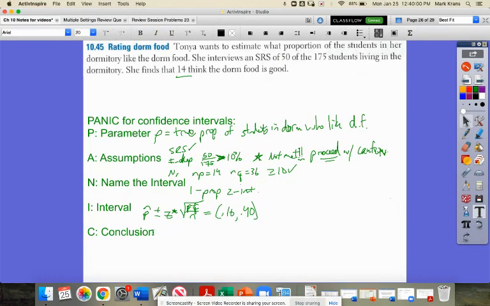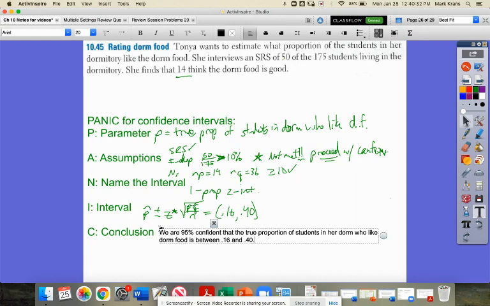Our conclusion is we are 95% confident that the true proportion of students in her dorm who like dorm food is between 0.16 and 0.40. Done. So relatively easy.